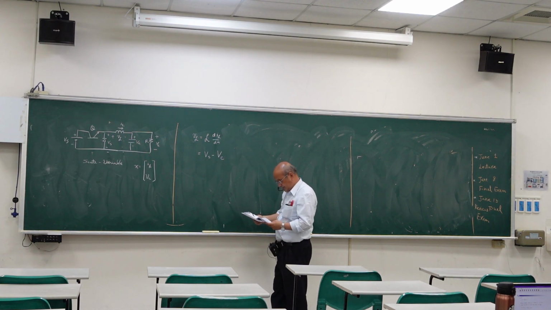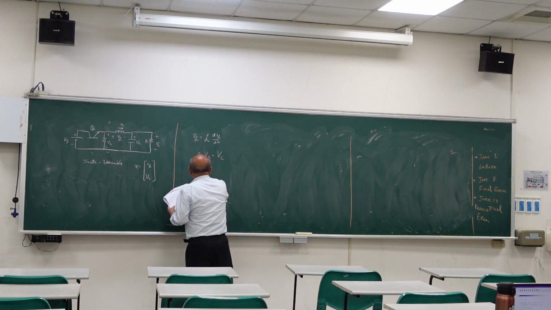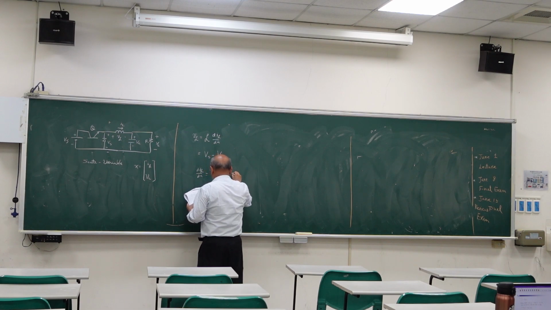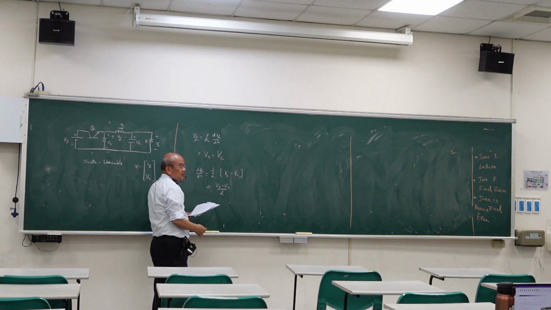Then we can say dIL/dt is equal to (Vs minus Vc) divided by L, right?